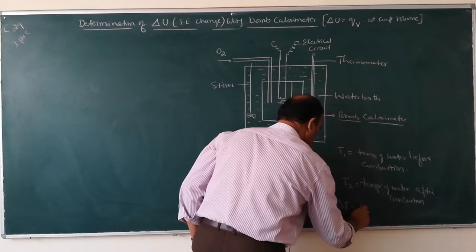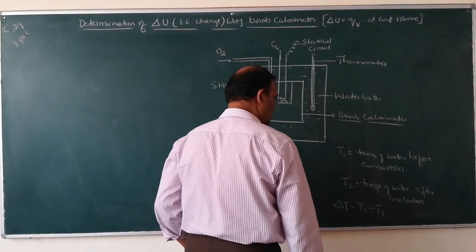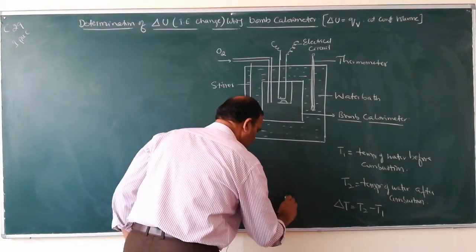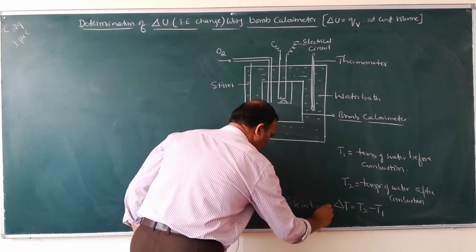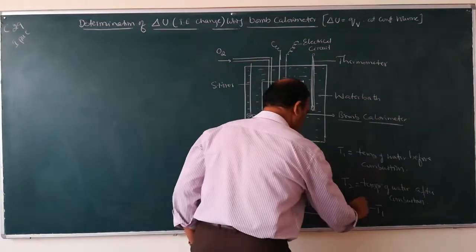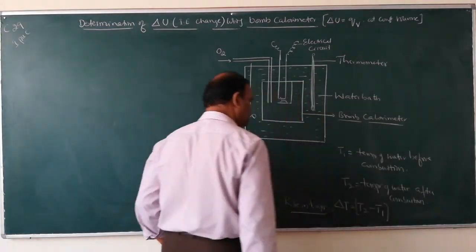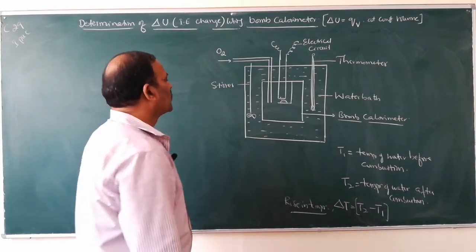Delta T equals T2 minus T1. It is the rise in temperature.